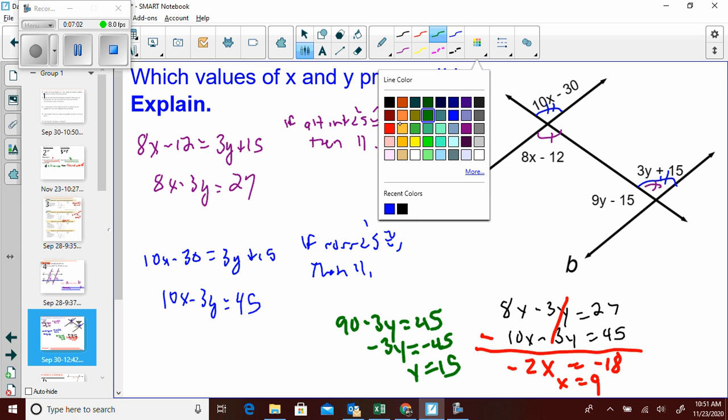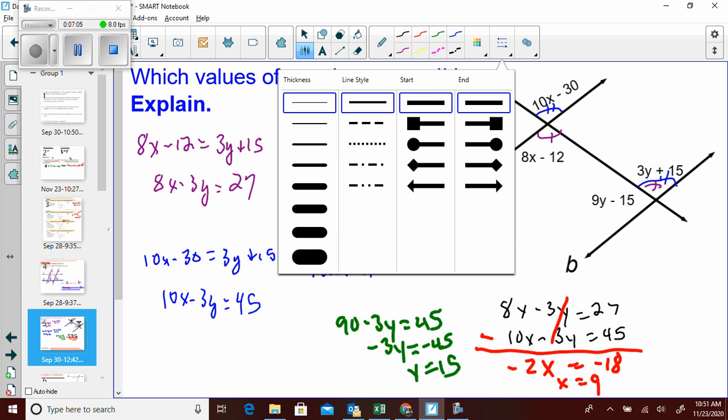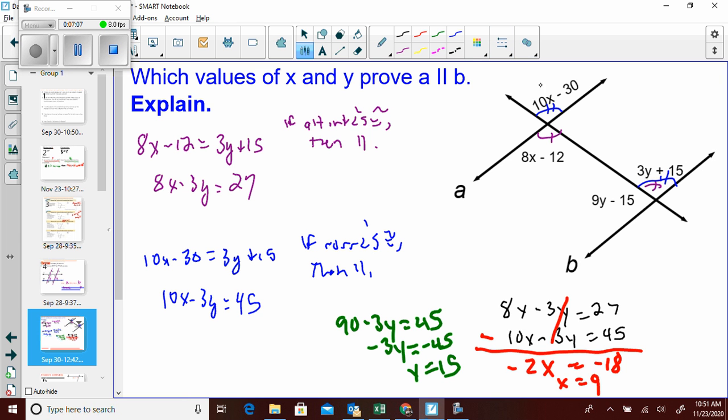Well, let's check all these things out. Hopefully it all works. Let's see, x is 9. 90 minus 30 is 60. 72 minus 12 is 60. Well, my vertical angles are working. Let's check my y's. 9 times 15, 135 minus 15 is 120.